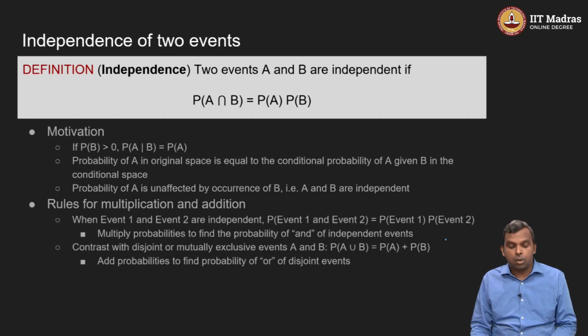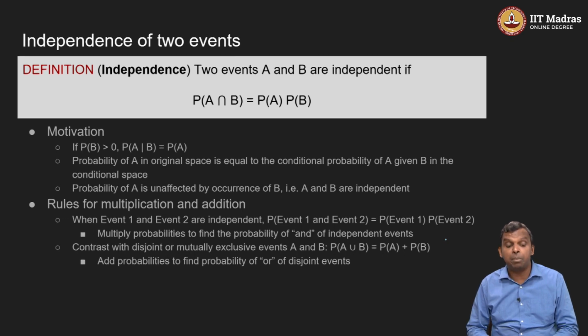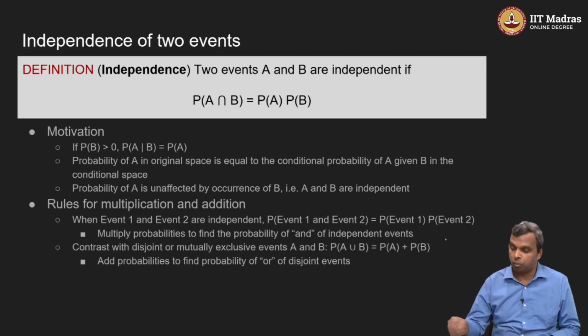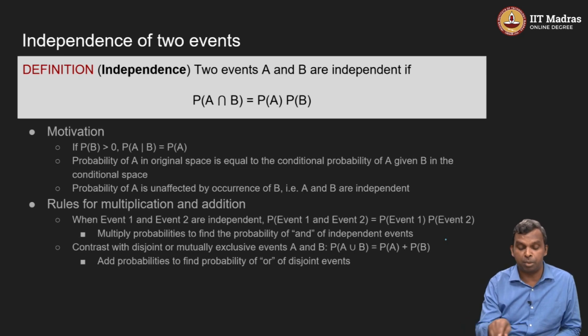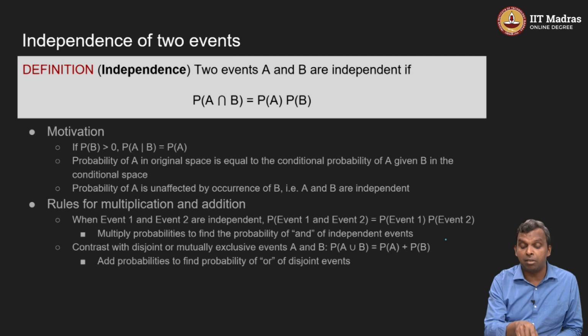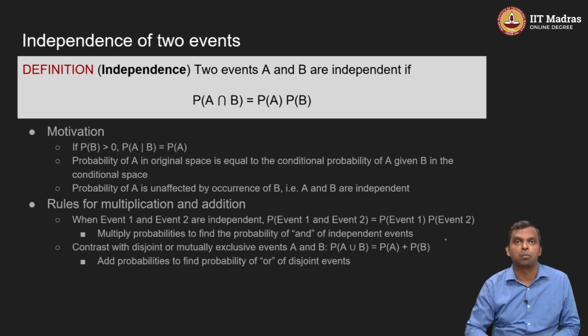If A and B are independent, so that P(A ∩ B) = P(A) × P(B), then probability of A given B is P(A ∩ B) divided by P(B). If you divide P(A) × P(B) by P(B), the P(B) cancels and you get P(A).